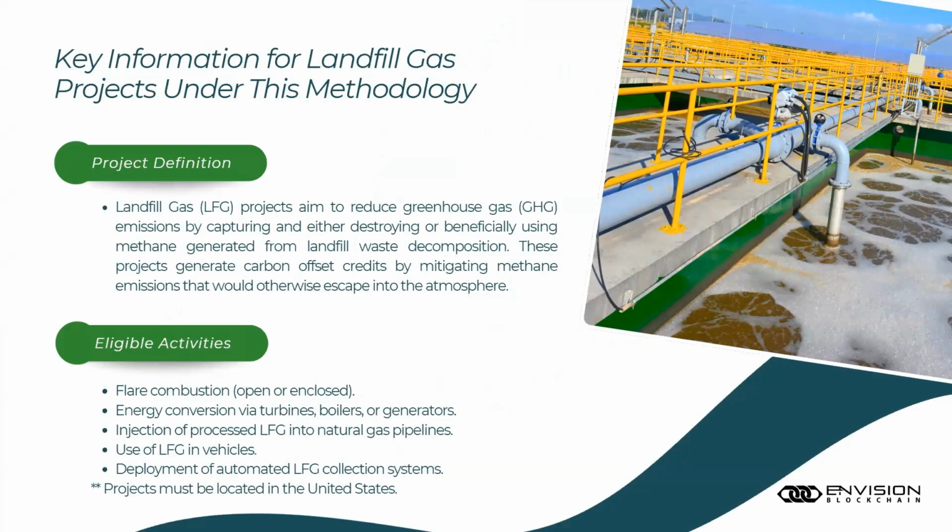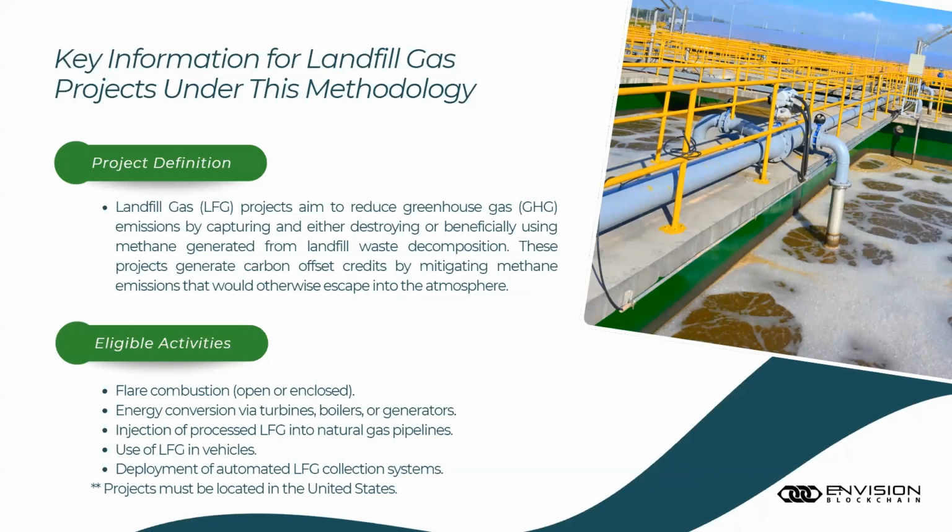In this slide, we'll cover some key information for the landfill gas projects under this specific methodology. So this methodology defines these projects as landfill gas projects that aim to reduce greenhouse gas emissions by capturing and either destroying or beneficially using methane generated from landfill waste decomposition. These projects generate carbon offset credits by mitigating methane emissions that would otherwise escape into the atmosphere.